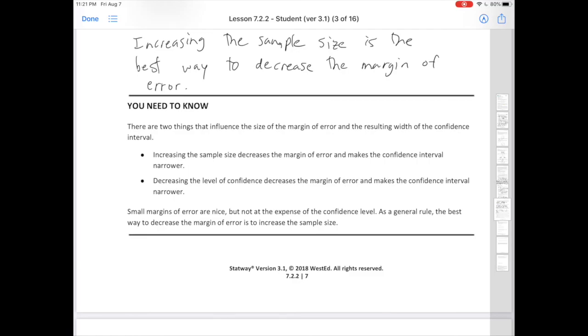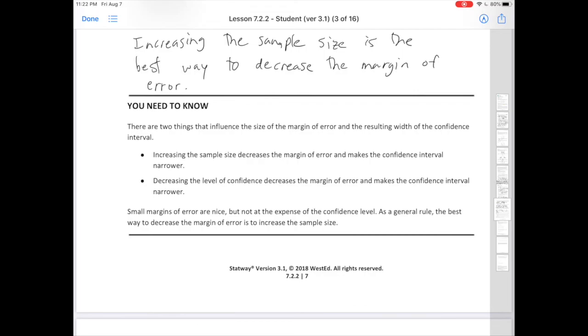Okay, so this is an important fact. You do need to know this for the future, but don't worry, we will revisit it quite a bit in these future lessons, okay? So you need to know there are two things that influence the size of the margin of error and the resulting width of the confidence interval. Increasing the sample size decreases the margin of error and makes the confidence interval narrower.